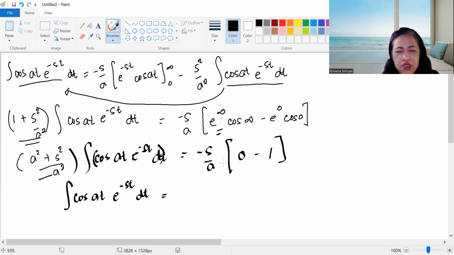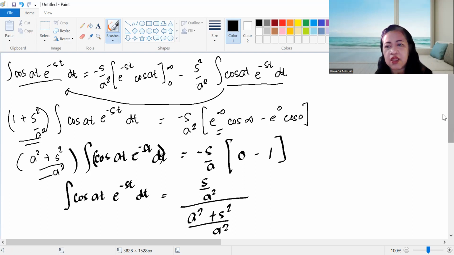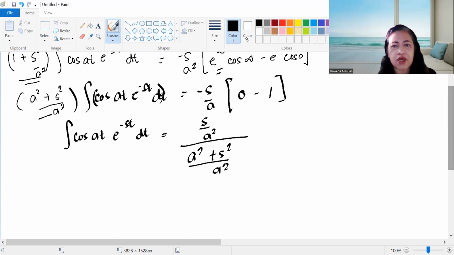So this one is positive s over a squared. Now I have a squared plus s squared over a squared. Then I factor out and cancel a squared, a squared.